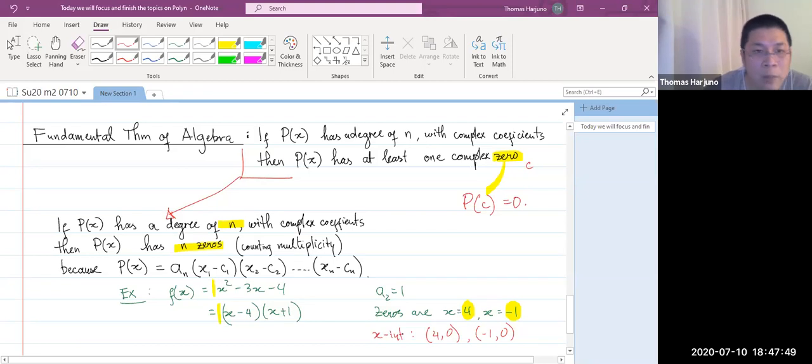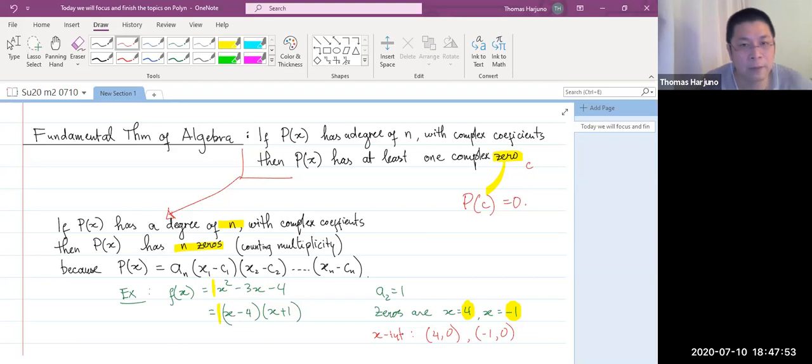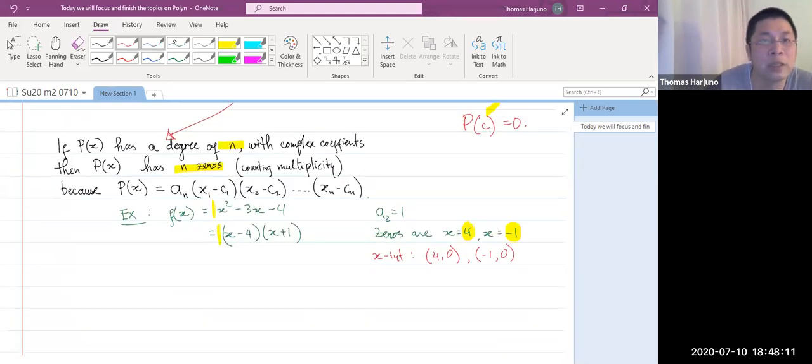The fundamental theorem of algebra says that any polynomial with degree of n must have n zeros. But some of them may not be real numbers, such that you may have fewer x-intercepts. Now, what does it mean when we say counting multiplicity?